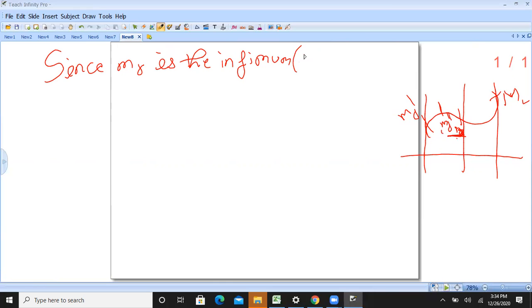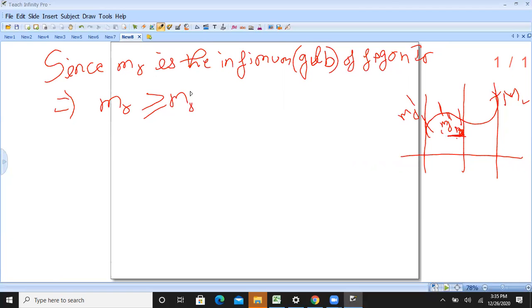Infimum or greatest lower bound of f plus g on IR. Okay, on IR. Therefore, that implies m is greater than or equal to small m dash plus m double dash.